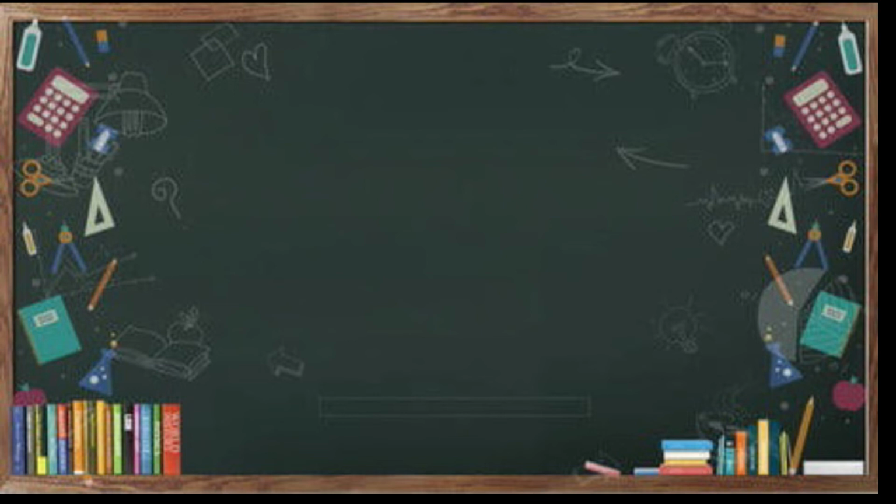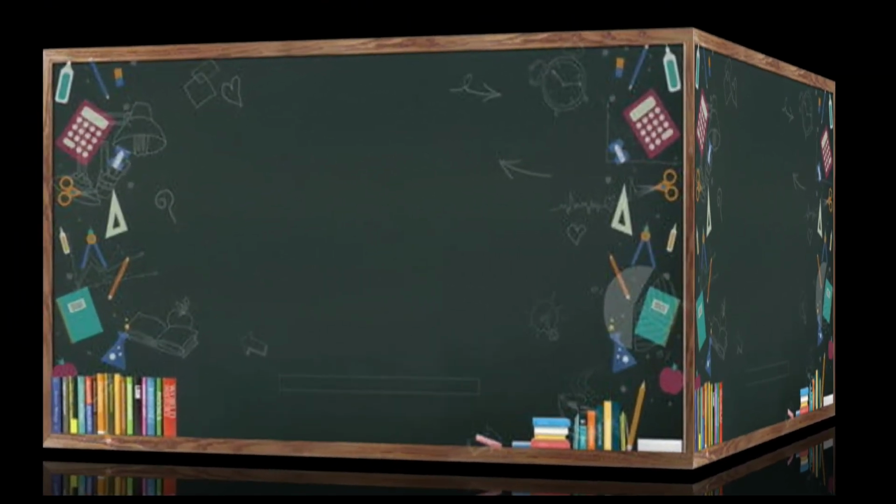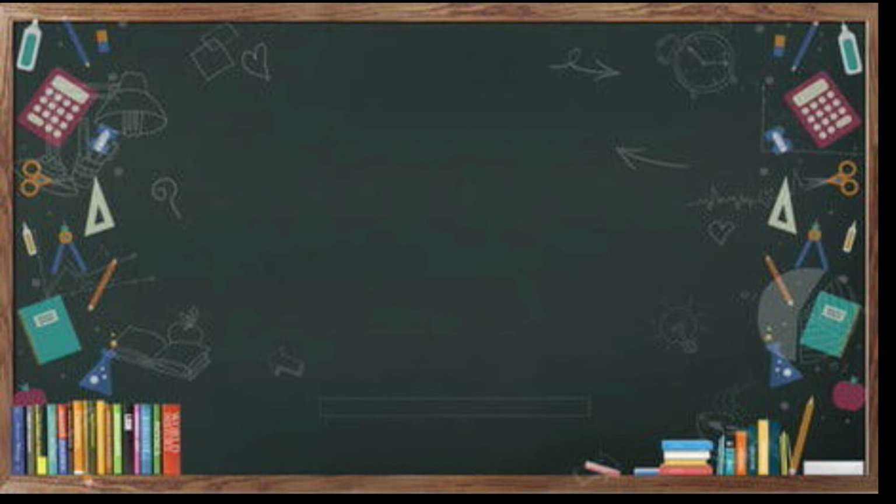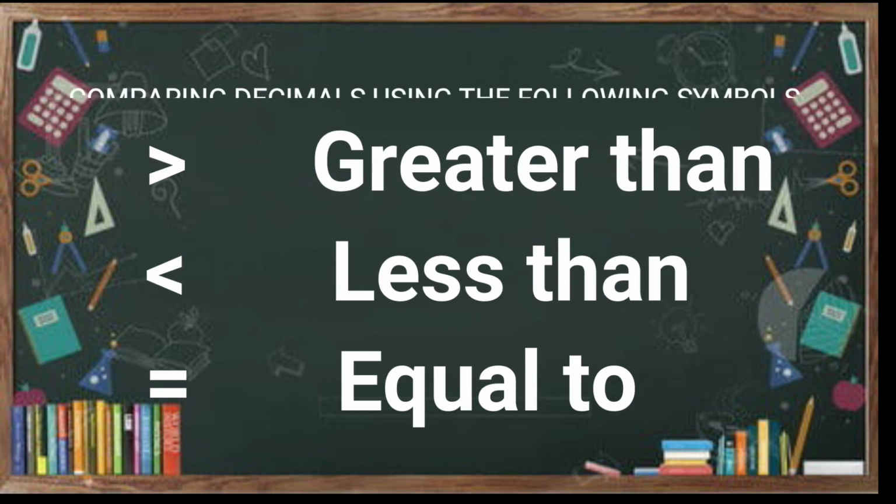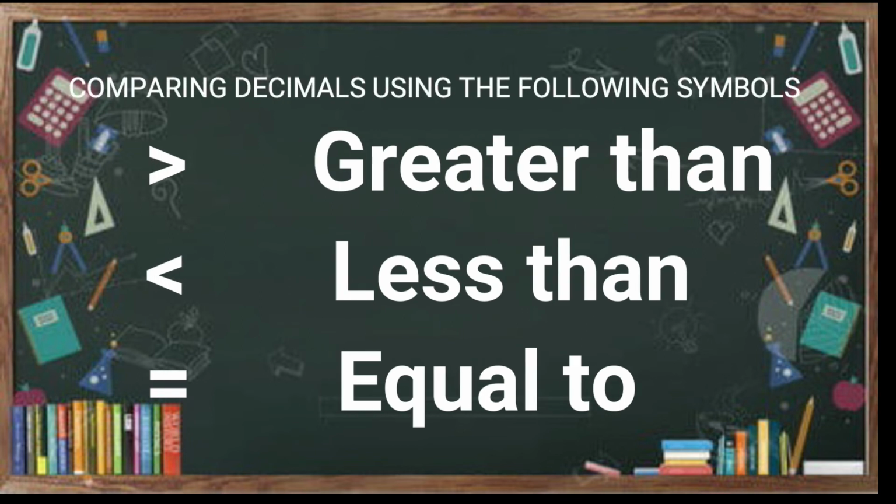Now, let us compare decimals using the following symbols. We have less than, greater than, equivalent, or equal to. First, let us use greater than.